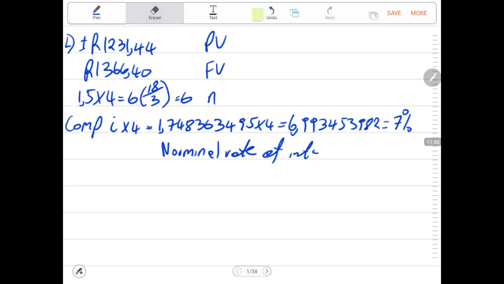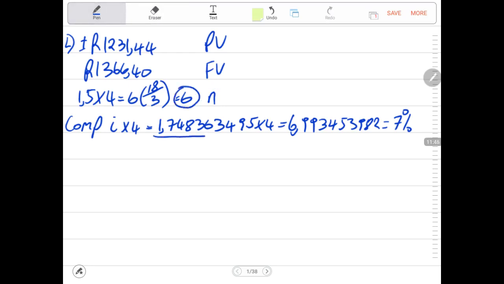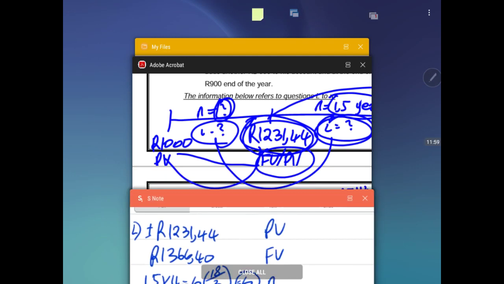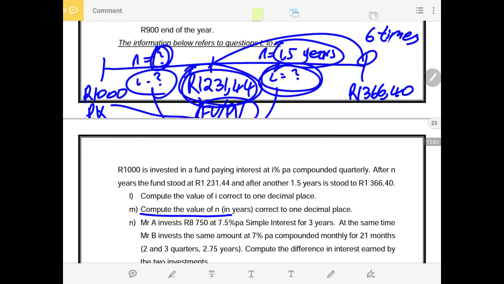We can agree that this is the nominal rate of interest, because our N is the number of quarters and our I was per quarter, and we asked how many quarters do we have in a year? There are 4 quarters. We multiply by the number of quarters, then we go to the interest per annum compounded quarterly. So we have responded to the first requirement, which is number L.